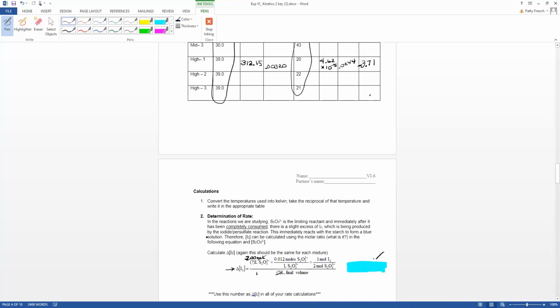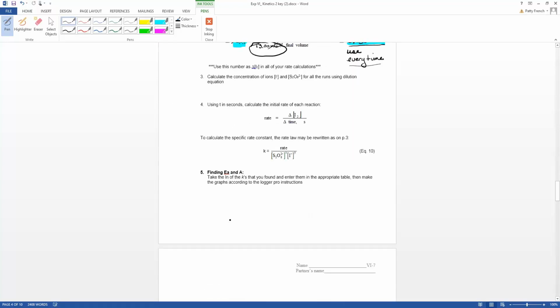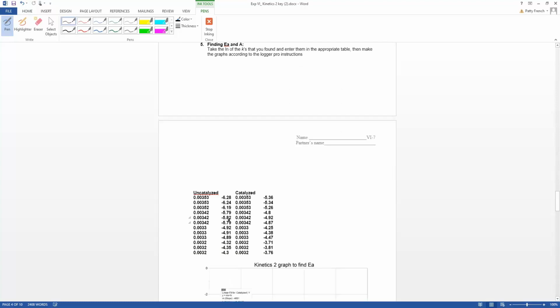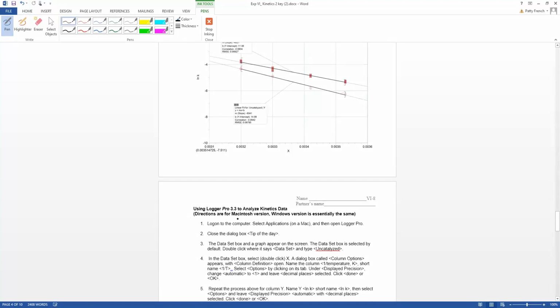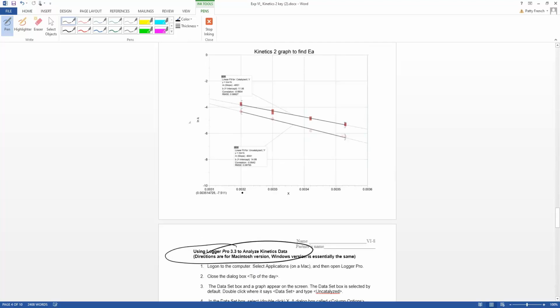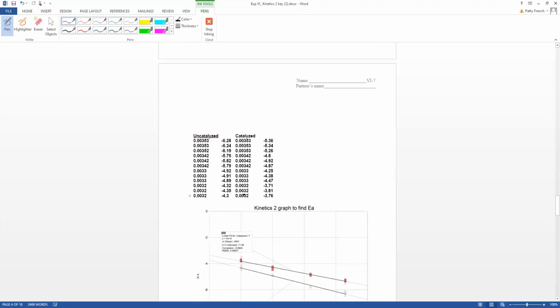So now what I did was go to LoggerPro, and there are extensive discussions throughout right here on page probably 8 about how to use LoggerPro for this, and I would recommend you do. So when I was done using LoggerPro, I had an uncatalyzed set of data, and I had a catalyzed set of data.